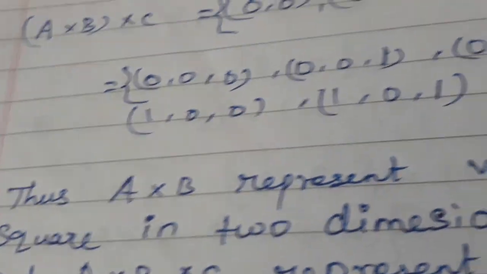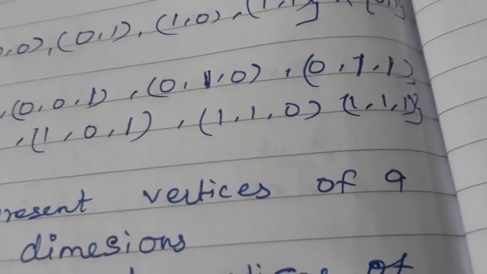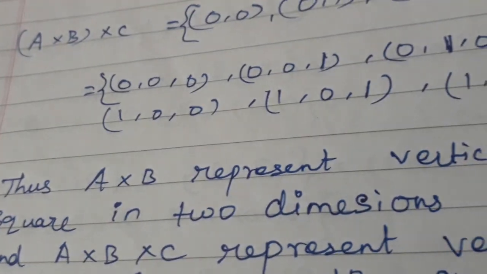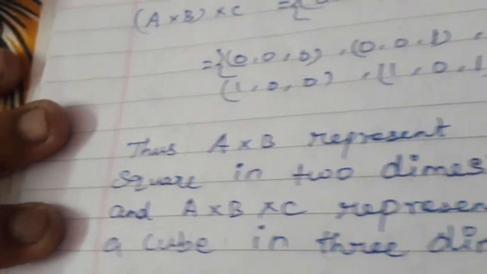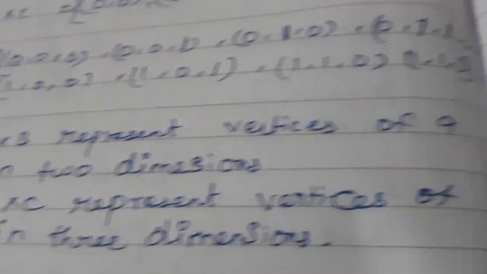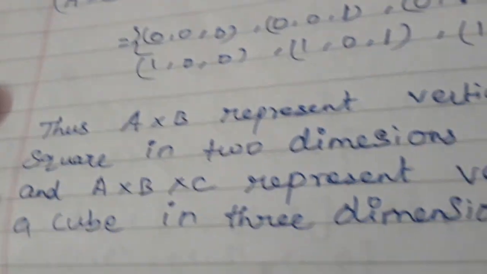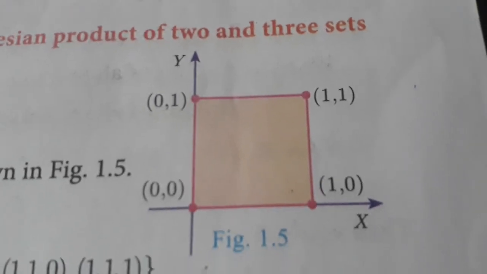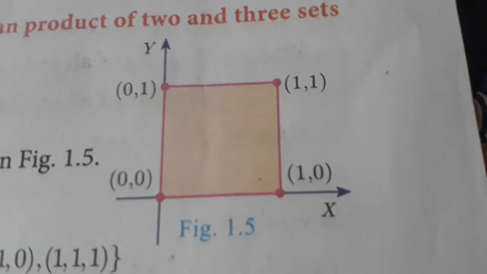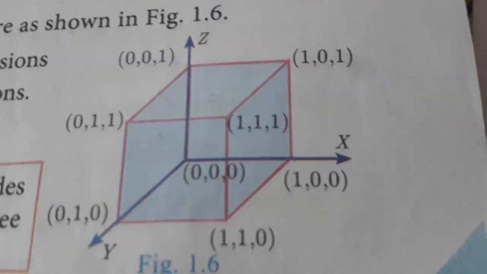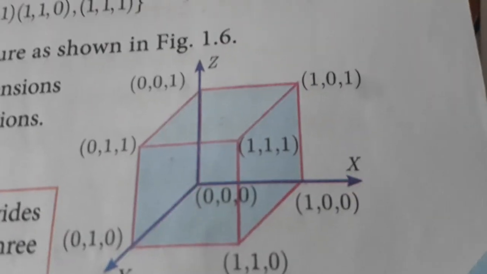Thus, A × B represents the vertices of a square in 2 dimensions and A × B × C represents the vertices of a cube in 3 dimensions. So this is the 2-dimension representation and this is the 3-dimension representation.